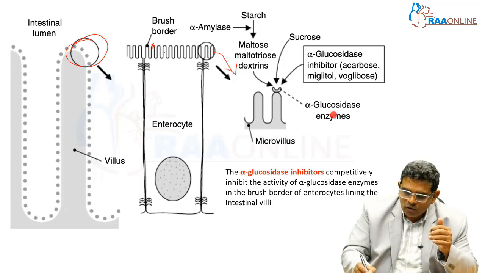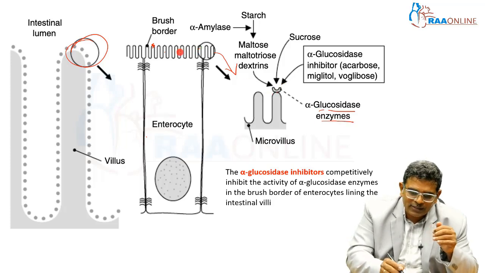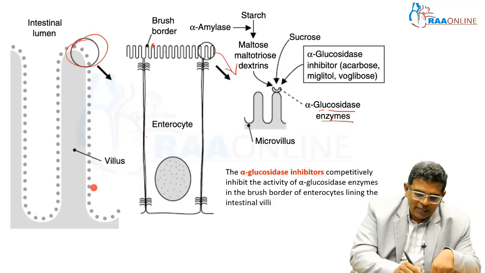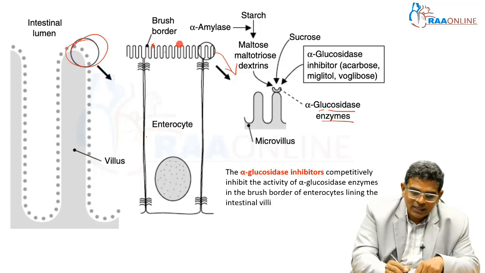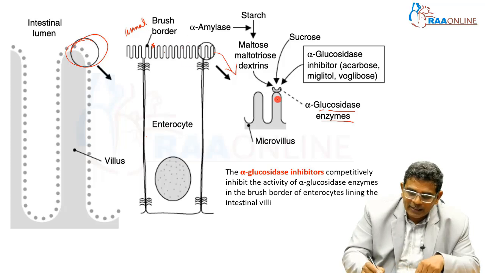So the small intestine has the villus, the villus has the enterocytes, the enterocytes have the brush border cells, and at the luminal surface, at the microvilli, these alpha glucosidase enzymes are present.